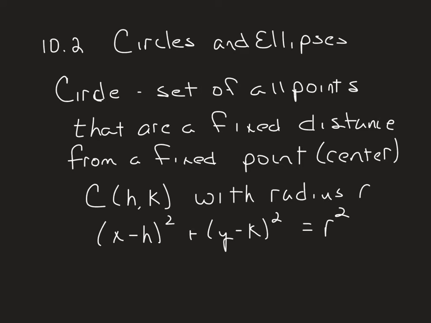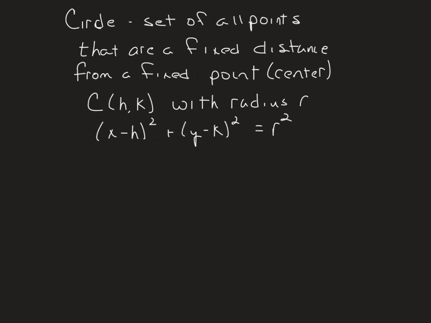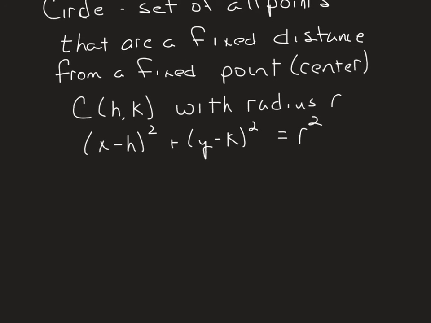Now let's look at an equation that is not in this standard form. This is the standard form of the equation, but you may not always see it in the standard form. For instance, this is the equation of a circle: x squared plus y squared minus 16x plus 14y plus 32. That's the equation of a circle.